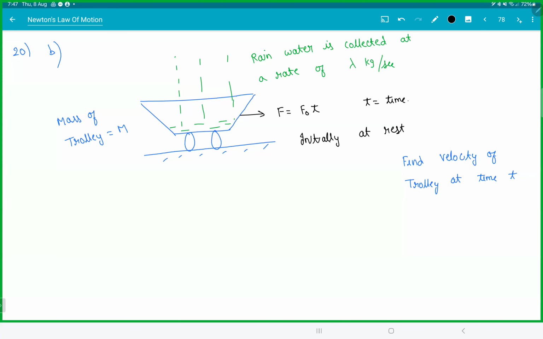Easy one, almost the same as the previous one, just a little change. Try, I'll give you another 30 seconds.